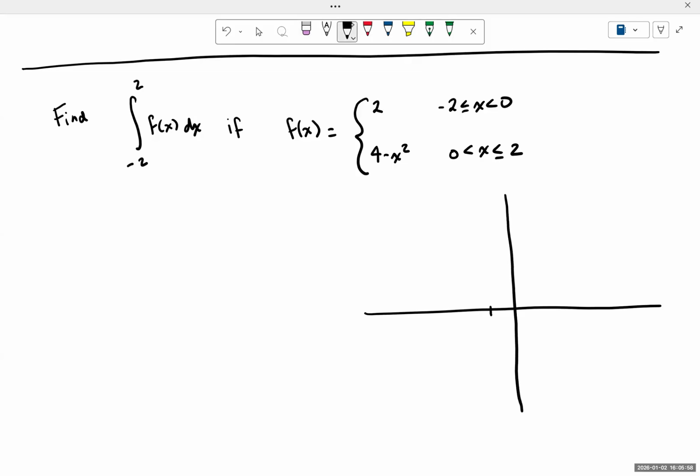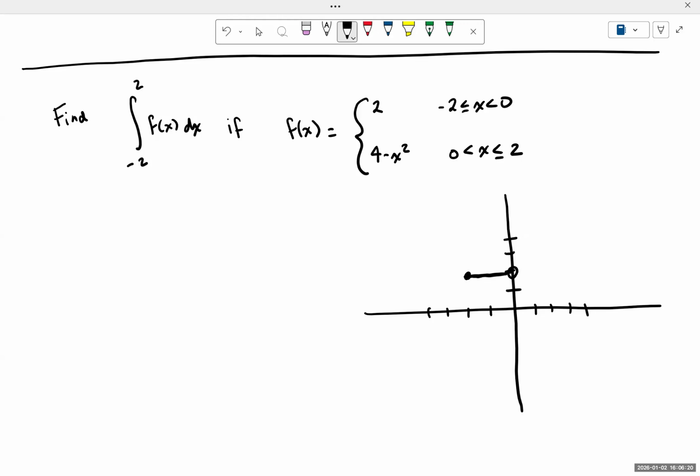So basically, we are integrating from -2 to 2 in x. And this function is 2 over here, so that would be here.